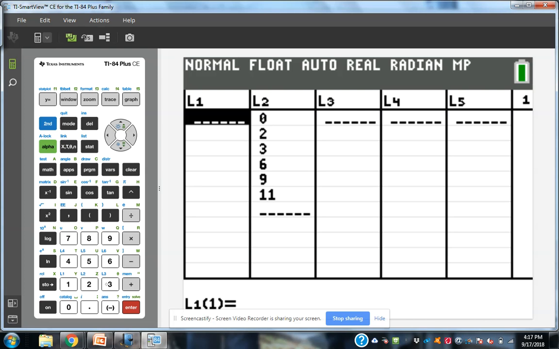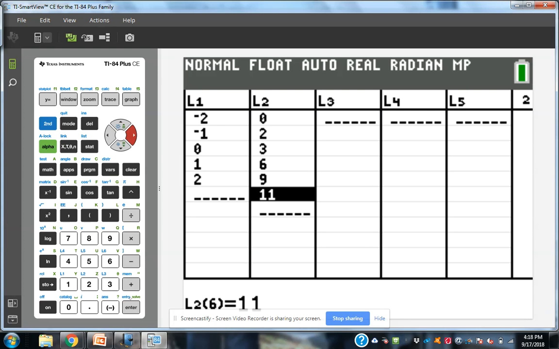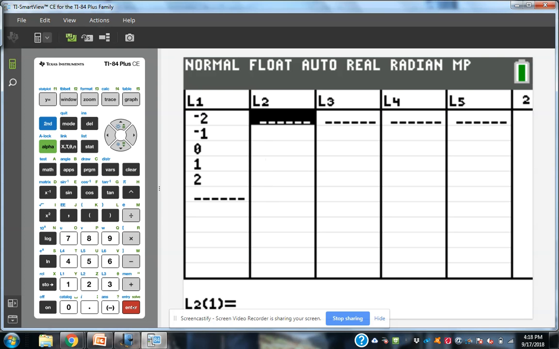I'm going to put the X values in there: -2, -1, 0, 1, 2. For L2, go up to the top till L2 is highlighted, hit clear, hit enter, and then put the Y values that go with each X value: 7, 6, 3, 2, and 0.